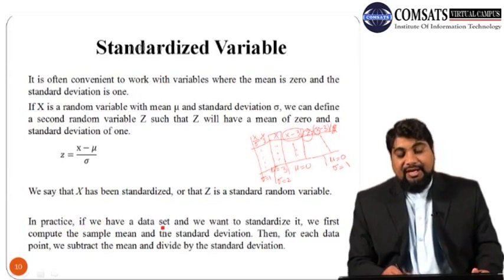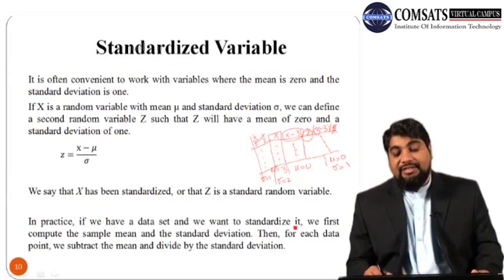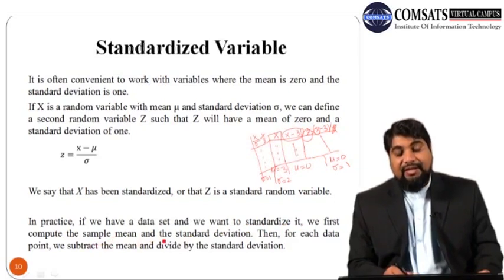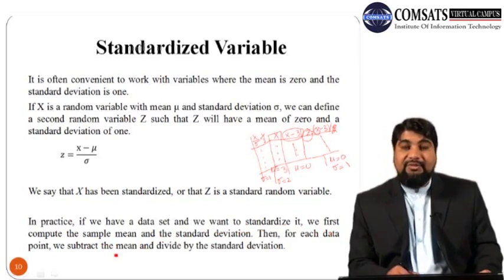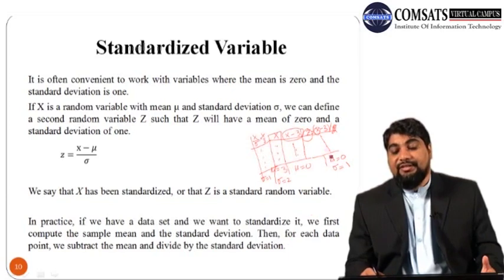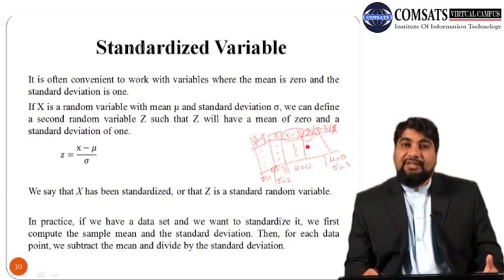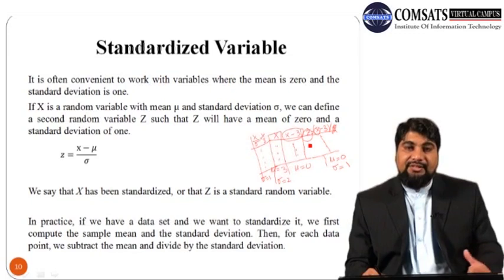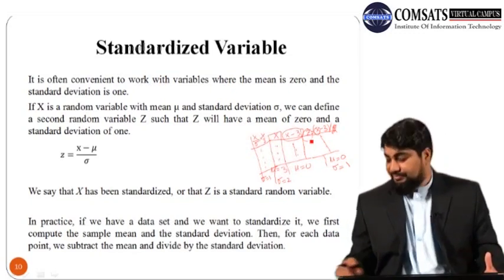So in practice, if we have a data set and we want to standardize it, we first compute the sample mean and the standard deviation, and then for each data point we subtract the mean and divide by the standard deviation to get a new variable z, which is a standardized random variable. This concept is very important, and we are going to use it in our next slide.